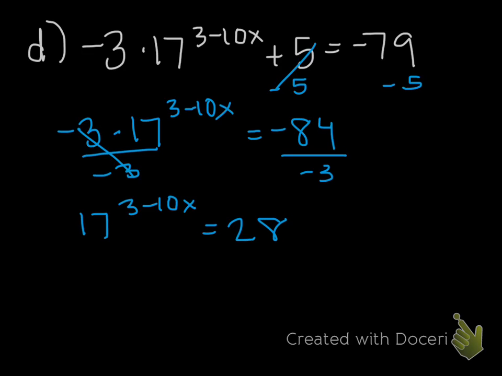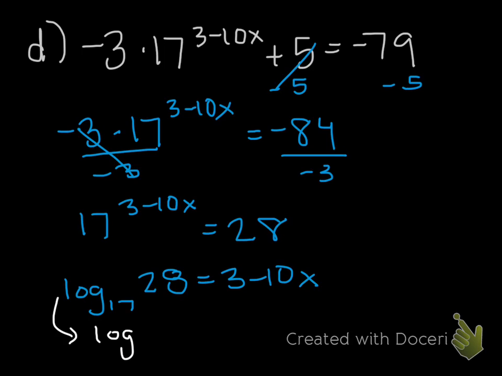And now we convert to log form. So it'll be log base 17 of 28 equals 3 minus 10x. Left-hand side, the way you would type this in the calculator, is log 28 divided by log 17.